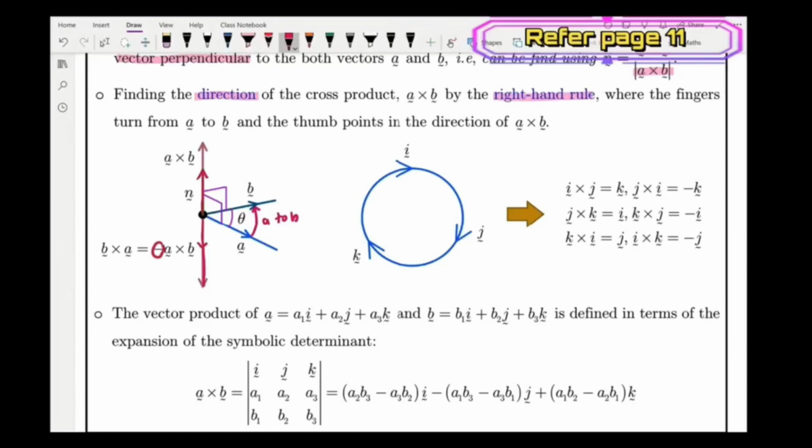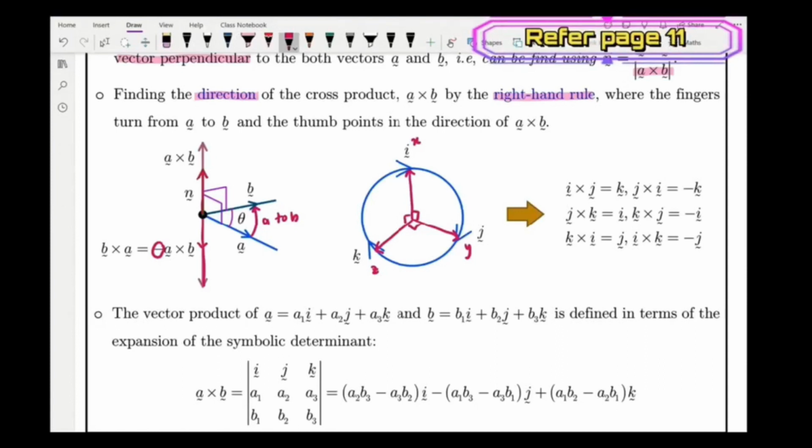Okay, ni contoh. Katalah kita ada 3 dimension, 3 dimensi. So, katalah ini X, Y dan Z. Dan kita biasa tahu kan, untuk 3 dimensi ni mestilah perpendicular to each other. So, bila kita crosskan, I cross J, kita akan dapat K. Ingat sebab dia perpendicular.